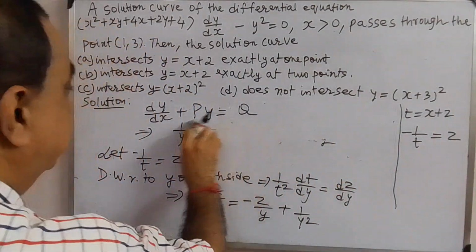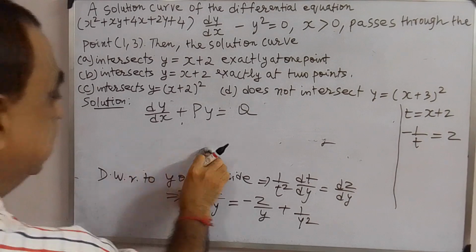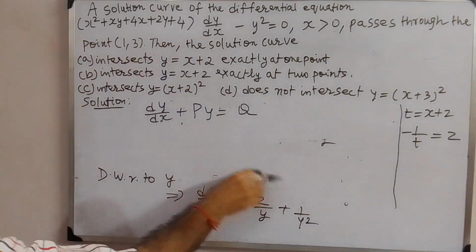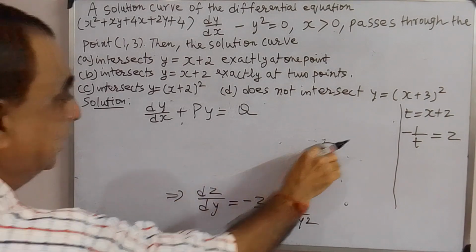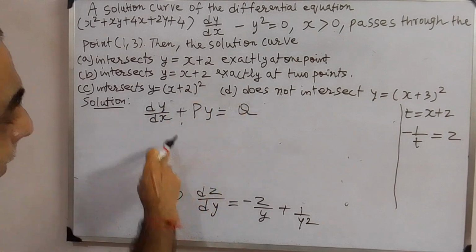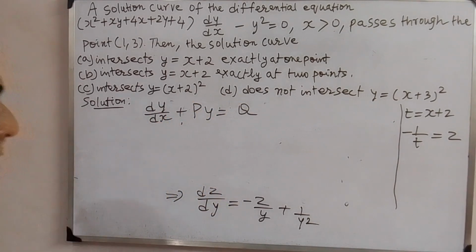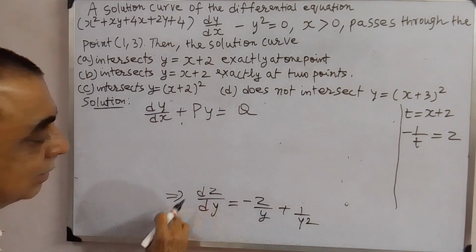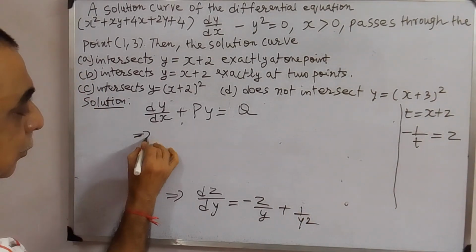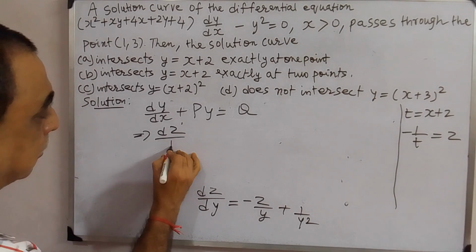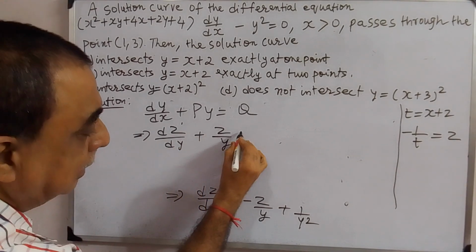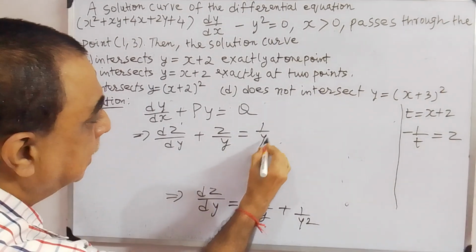Now bring all the terms to the left side, with z brought over. This equation changes into a linear differential equation: dz by dy plus z by y equals 1 by y squared.